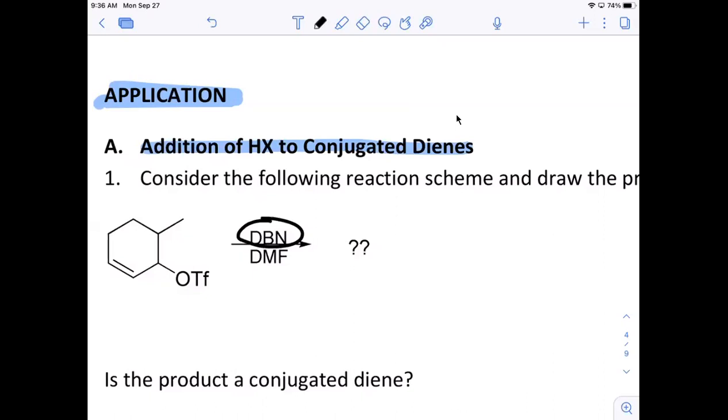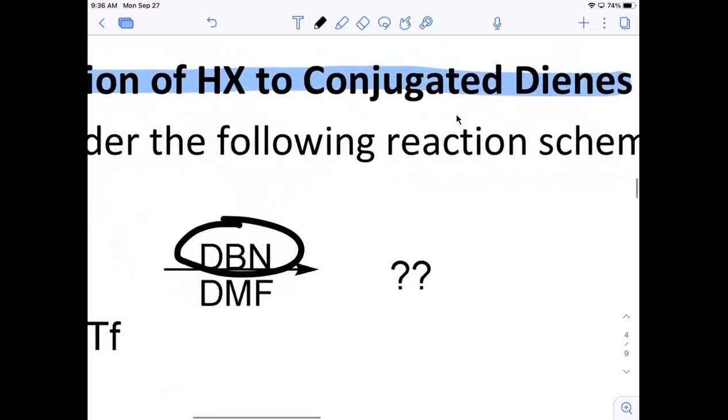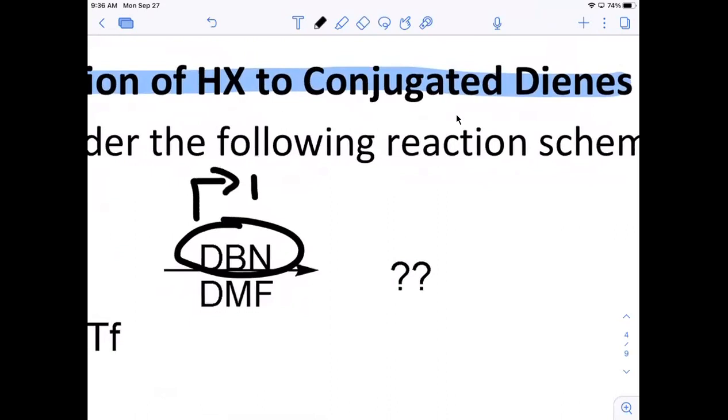All right. So DBN, is it C7H12N2? Say that again. C7H12N2. All right. So it's a base.